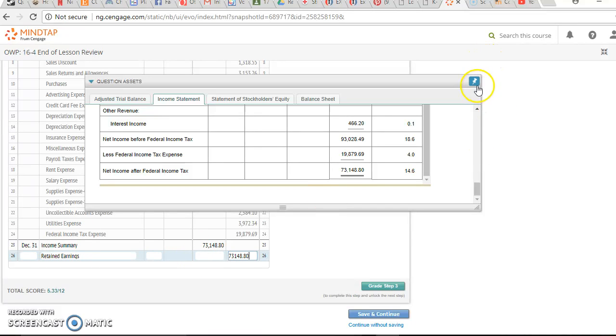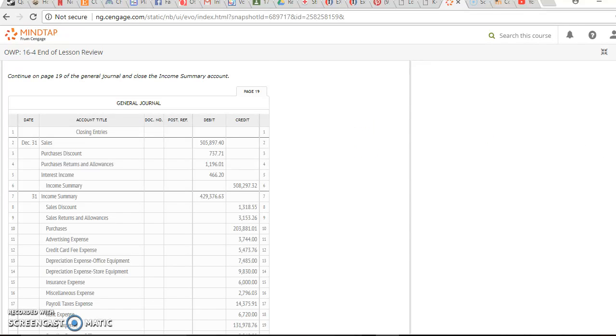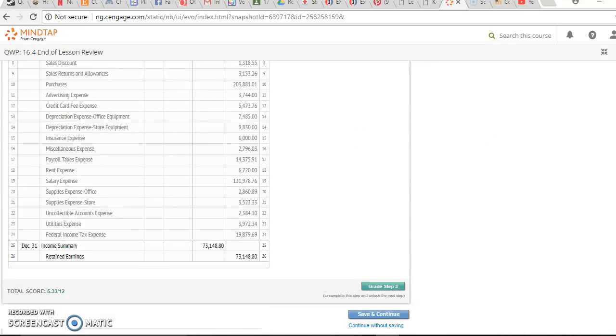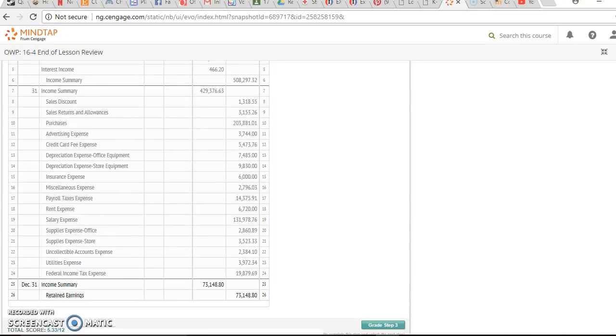That'll update your retained earnings account with the net income that you made. One way to check this before you get to this point is to make sure that the balance in your income summary account, between your income statement credit and debit accounts, should be the balance of how much you made.